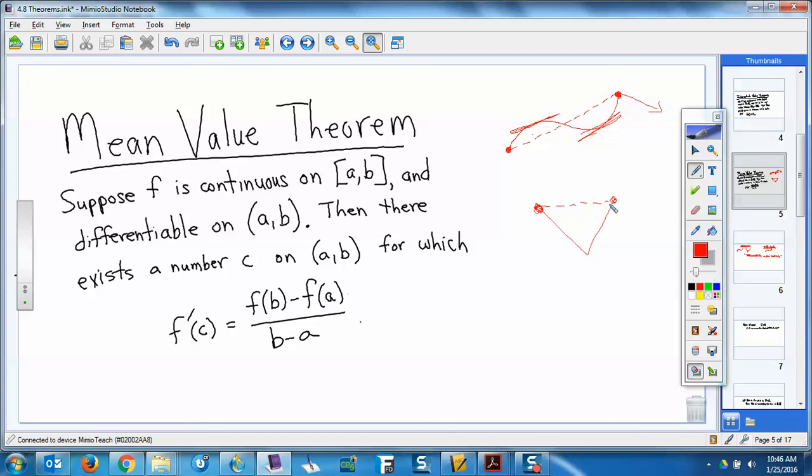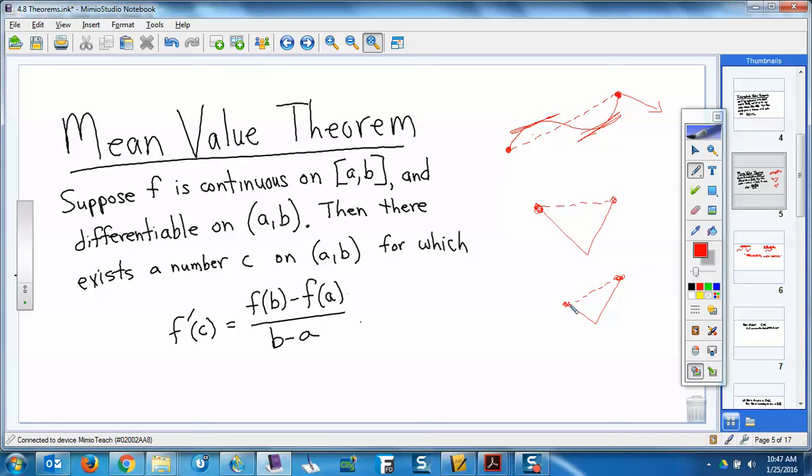Down here, what's the slope? Undefined. Or what if the graph looked like this? What if it was a V graph that went like this? Here's the slope between the endpoints. Is there any point in between that has that slope? No.